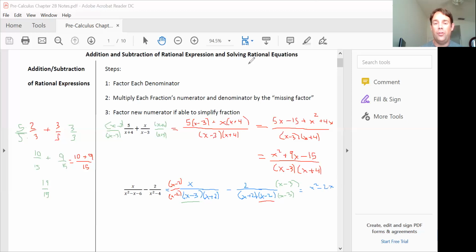And by the way, when I distribute this, I'm going to make this a plus a negative 2, just helps me with the multiplying. So minus 2x. I got x squared minus 2x, and I got a negative 2x plus 6. All right. Just like that.